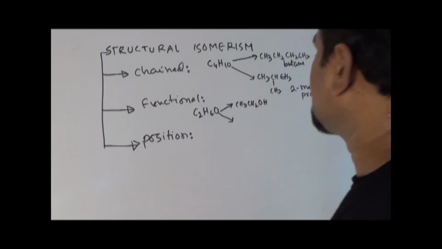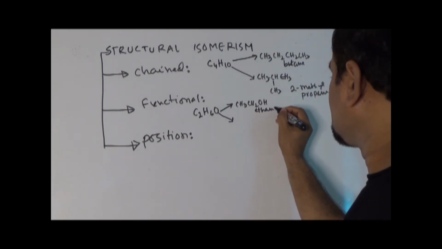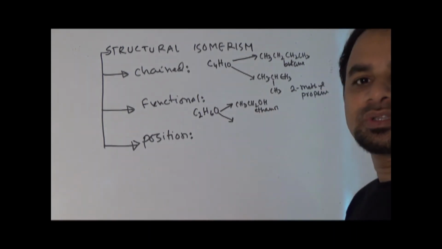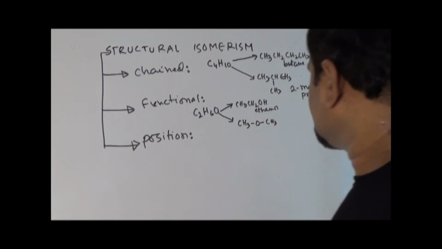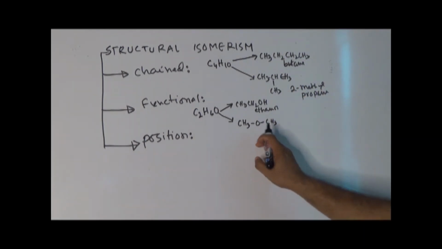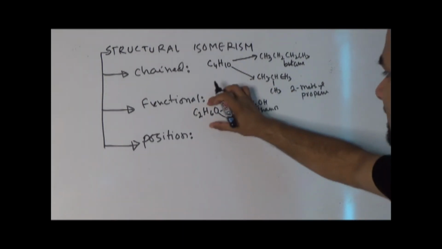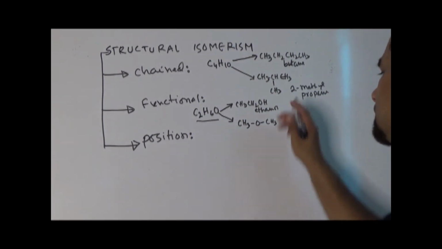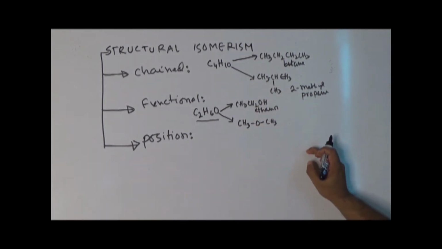This is ethanol. Ethanol, the functional group is OH. We can draw another one. This is methoxymethane, an alkoxy compound. So the functional group is different. These two have the same molecular formula. So ethanol and alkoxyalkane, these two are called functional group isomers.